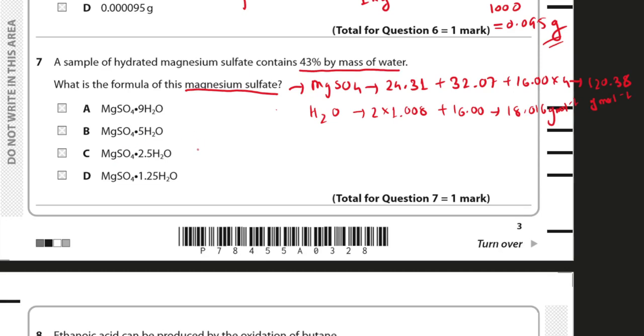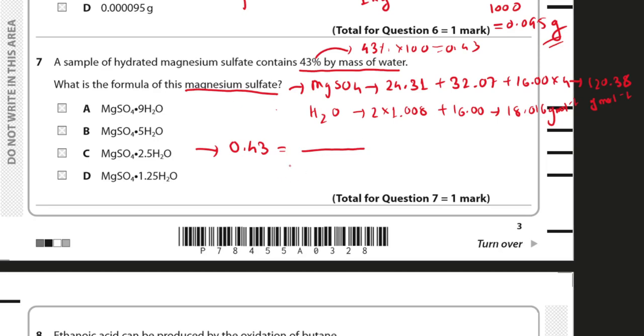If you formulate the equation, 0.43, converting the percentage into decimal, is equal to the molecular mass of water in the numerator, divided by the total molecular mass of the hydrated magnesium sulfate.